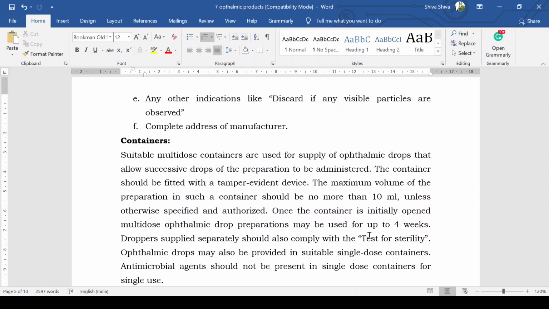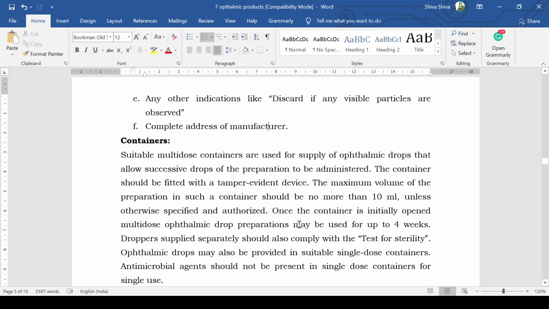When a patient purchases an ophthalmic solution or ophthalmic suspension, these are not for single use. Single-use ones are there, but they come in capsule form. When they are in solution form, multi-dose containers are generally used, and the patient instills the solution again and again from that container into the eye.